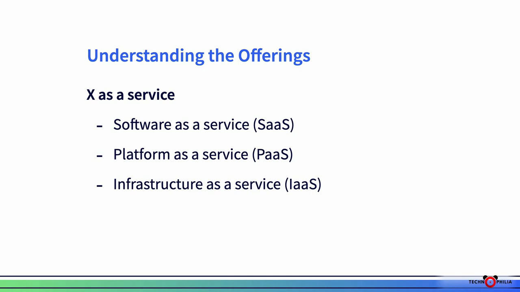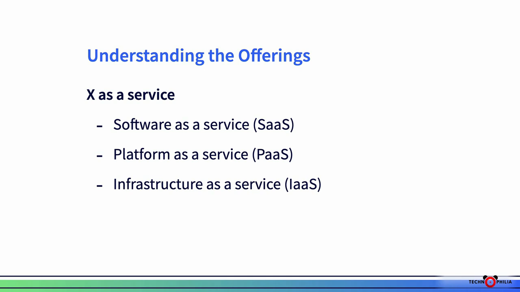Then we have software as a service. Software as a service goes to another level where essentially all of the infrastructure, all of the platform, and even all of the software is being hosted by the cloud offering. So the end result is that an actual service, a software application, is becoming available to be consumed by your users.